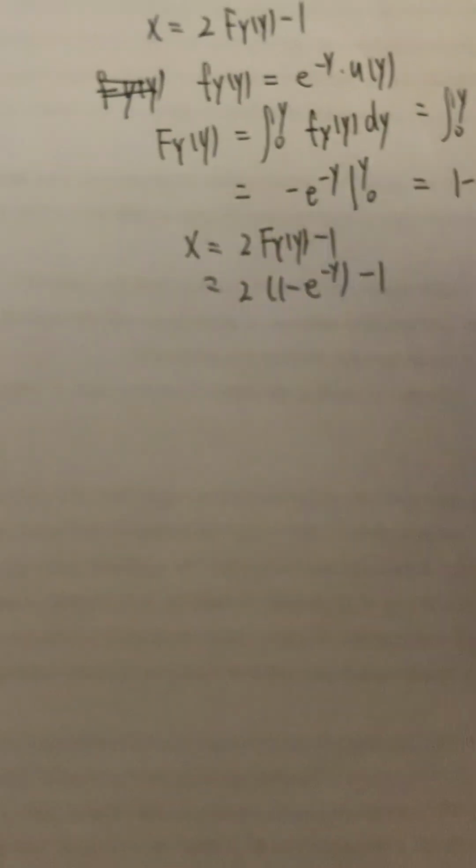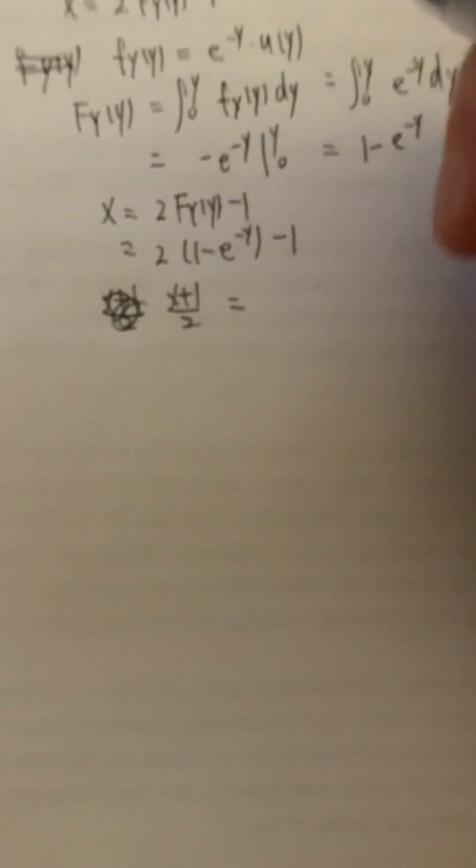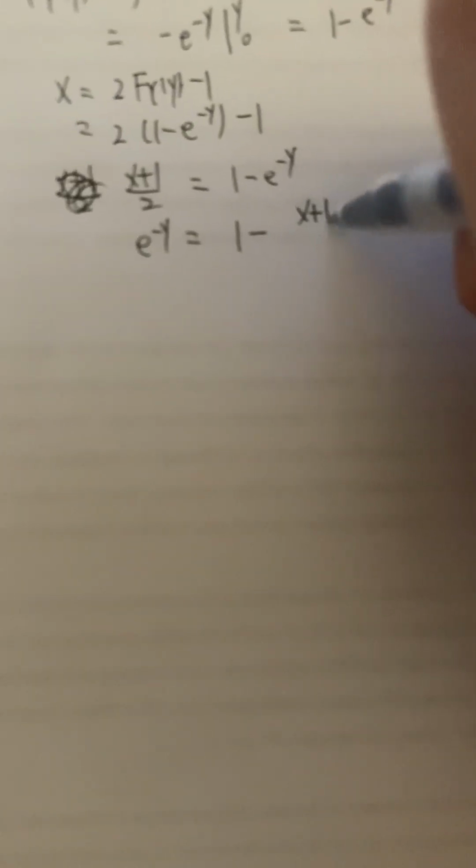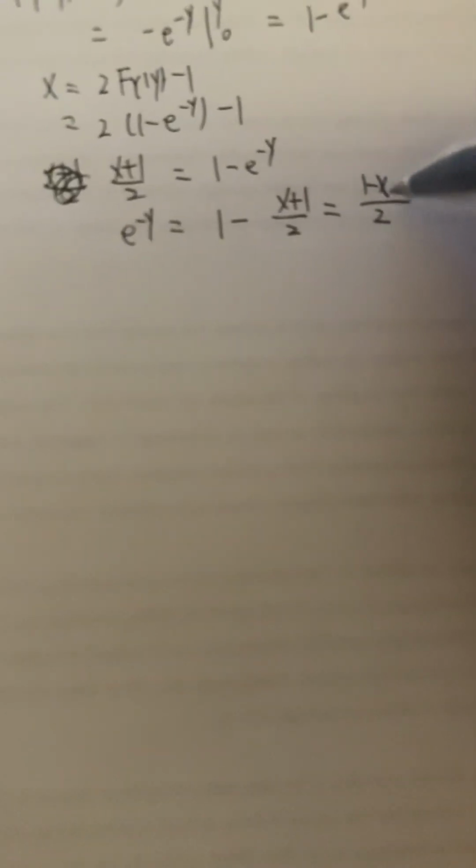So (x plus 1) over 2 is equal to 1 minus e to the power -y. So e to the power -y is equal to 1 minus (x plus 1) over 2, which is equal to (1 minus x) over 2.